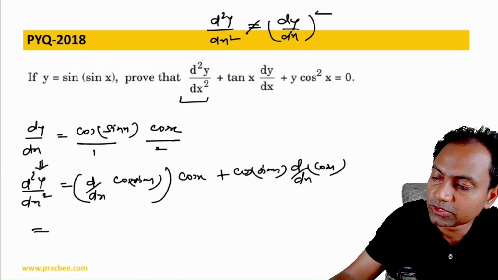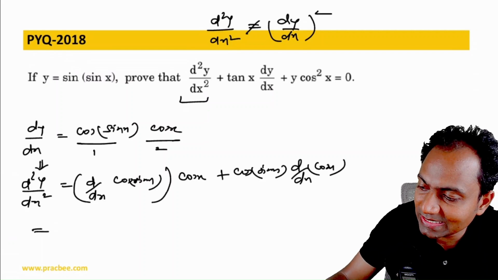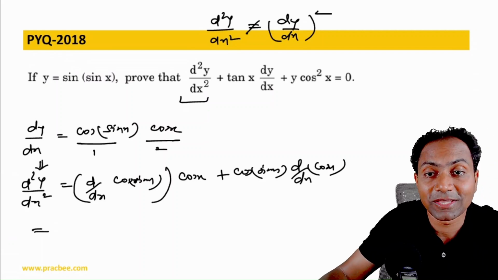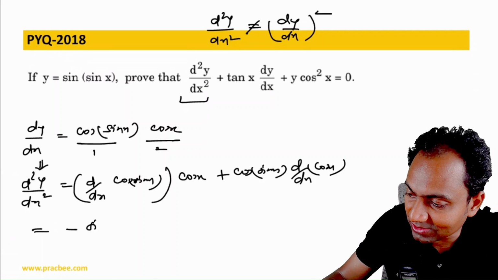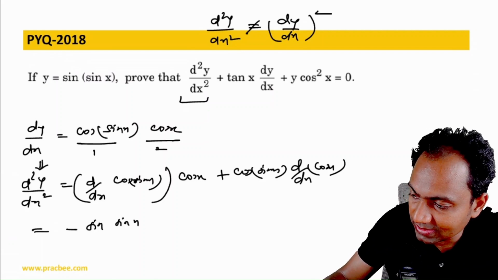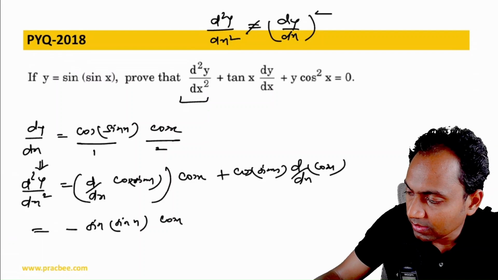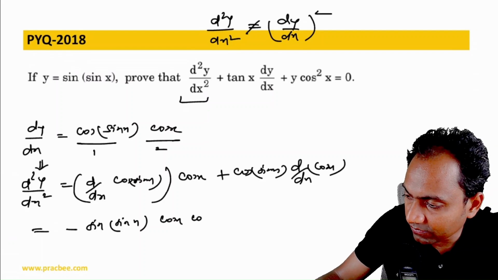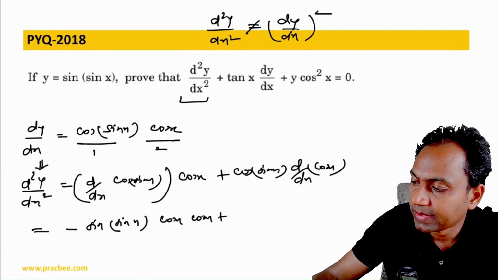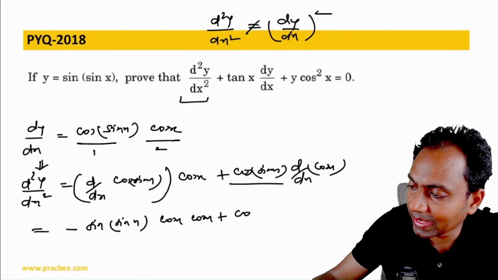So if we do the first part, we can apply again chain rule. So cos x differentiation is nothing but minus sin x. So this becomes minus of sin x, and then differentiation of sin x, that would be nothing but cos x. And then we have already one cos x waiting for us. And then again this part we will write as it is, so cos of sin x.